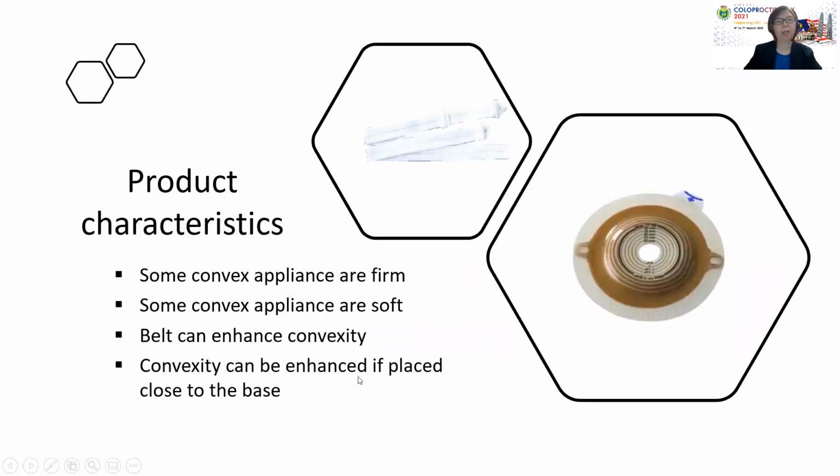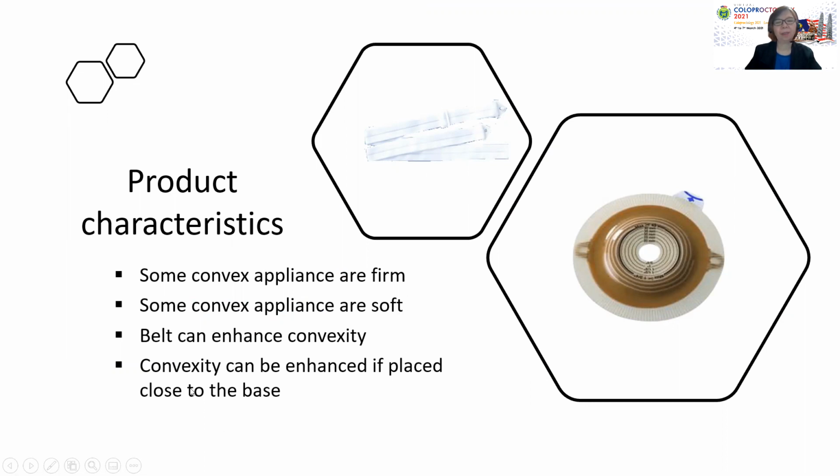About product characteristics, it says that some convex appliances are firm, some are soft, so you have to choose which one is more suitable. The belt also can enhance the convexity. It is in the consensus statement.